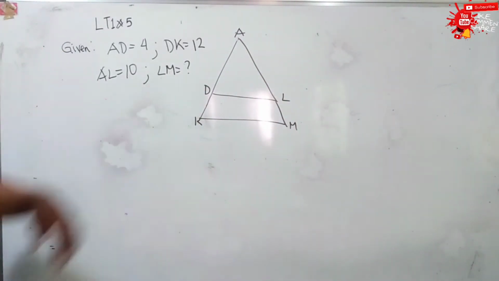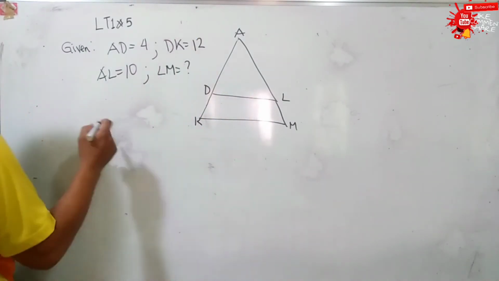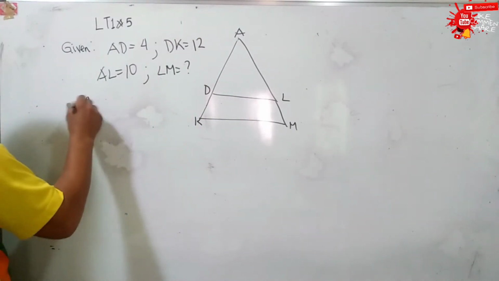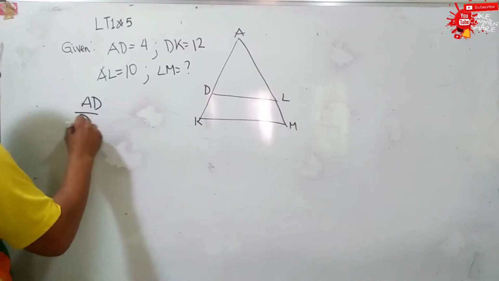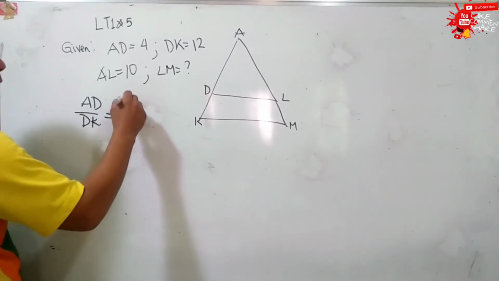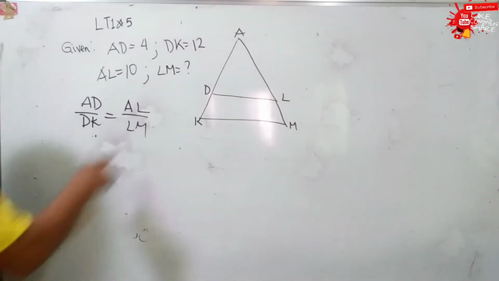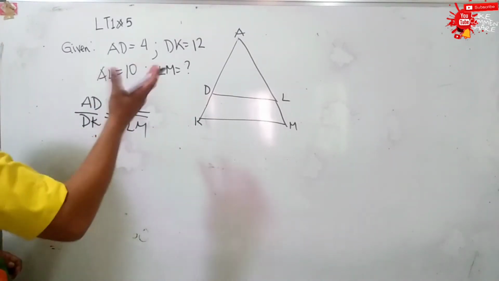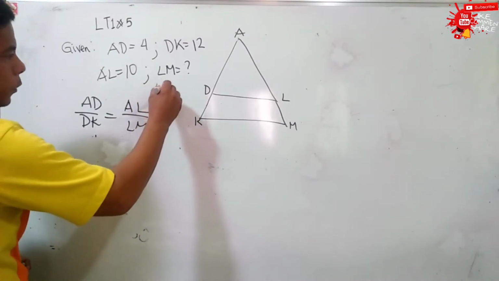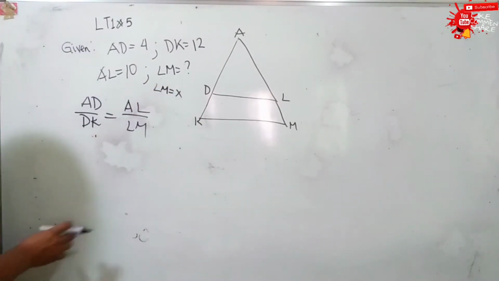Okay, so lagay natin yung proportion. AD correspond to DK equals AL correspond to LM. So, find LM. So, ang LM natin ay equal natin siya sa x.